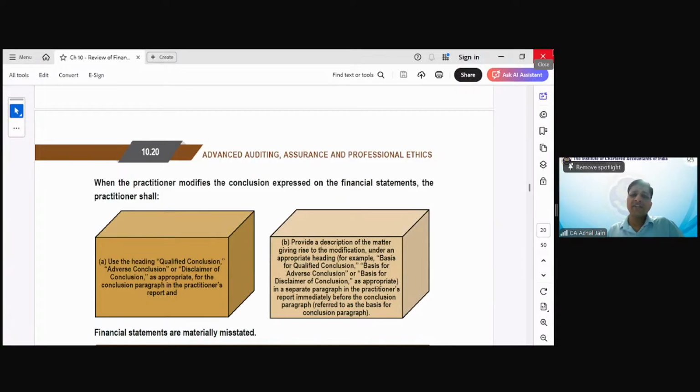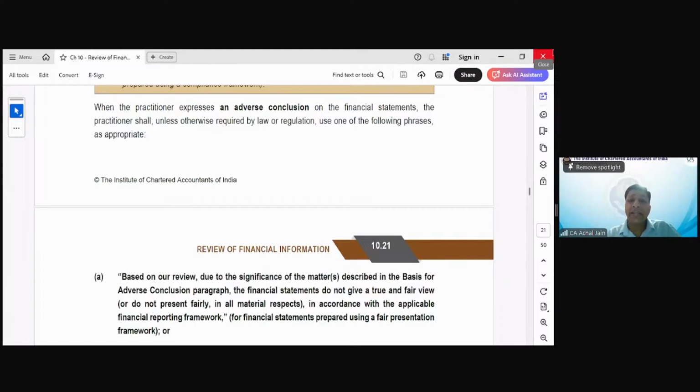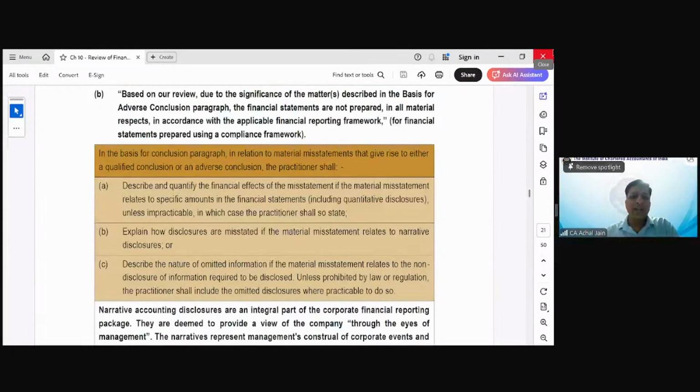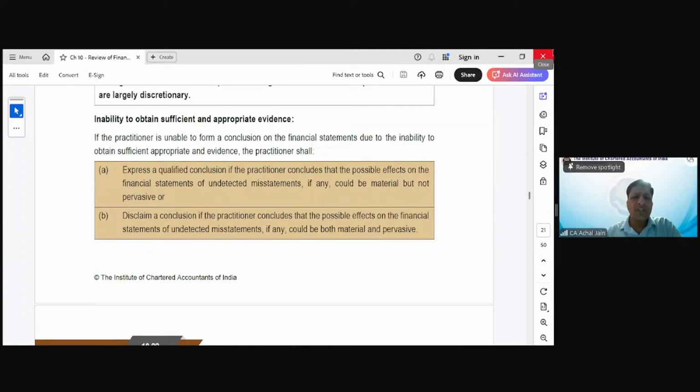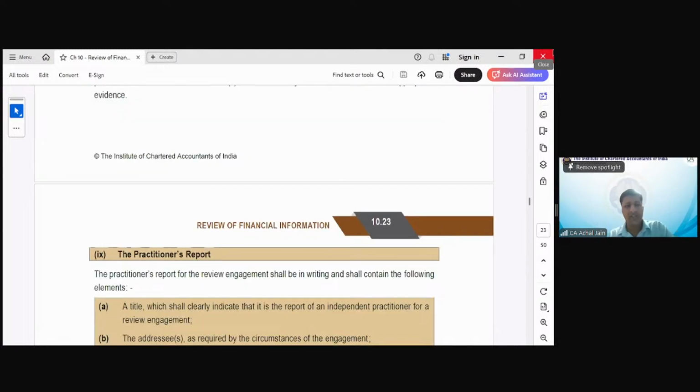Then we can also have disclaimer of conclusion. So modifications in a similar manner could be there. It is not necessary that it will always be an unmodified conclusion. It can be a modification, depending on the misstatements which could be involved in the financial information which is getting audited. Sorry, which is getting reviewed in this case.